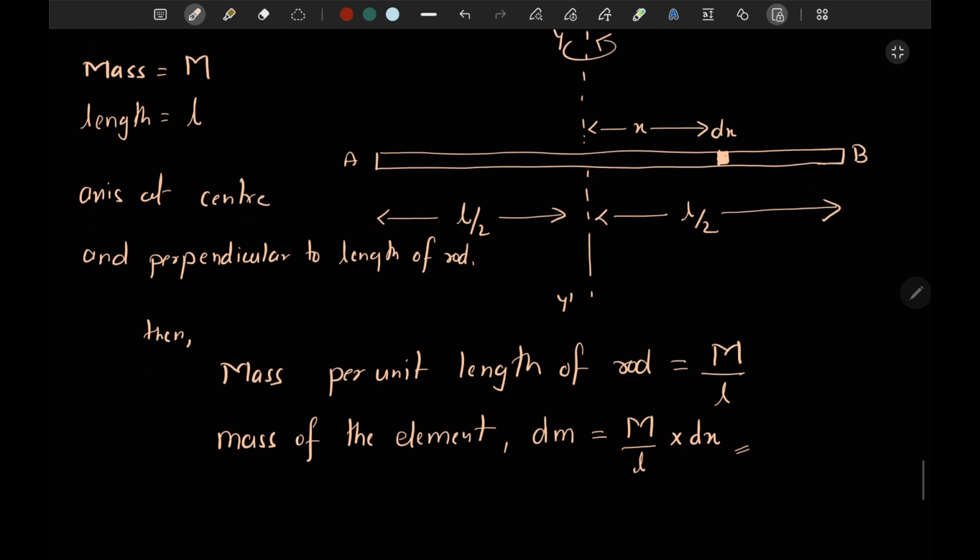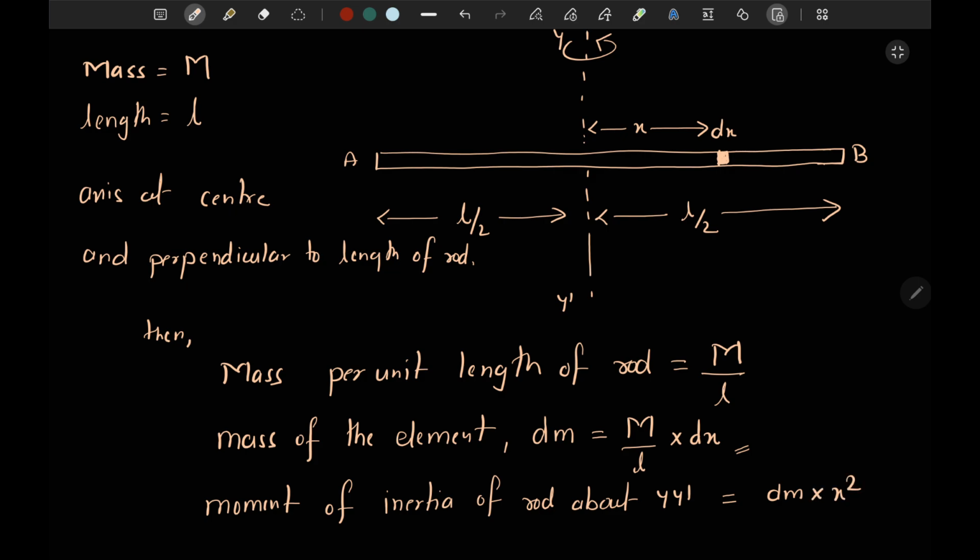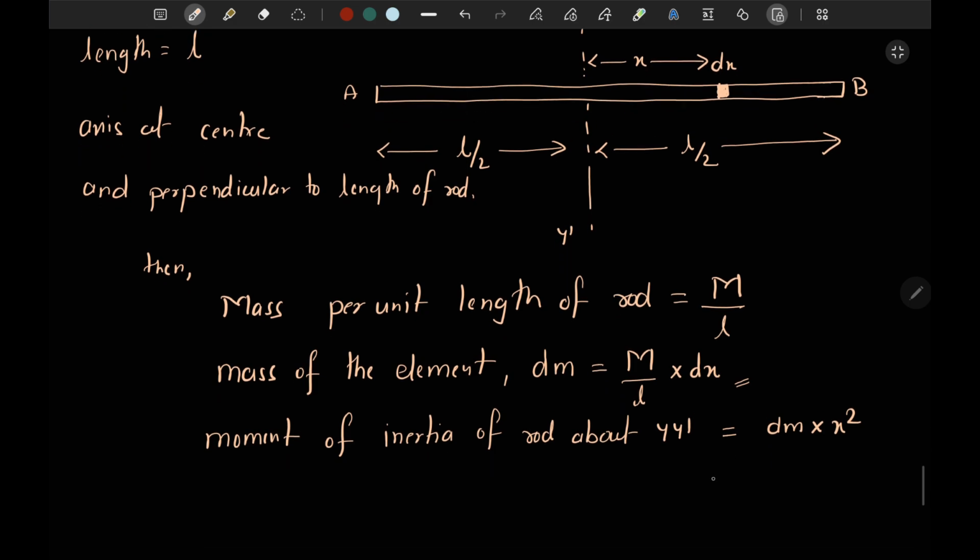In that case, the moment of inertia of that element about the axis y dash will be mr square, that is mass into distance square, given by m by L into dx into x square.